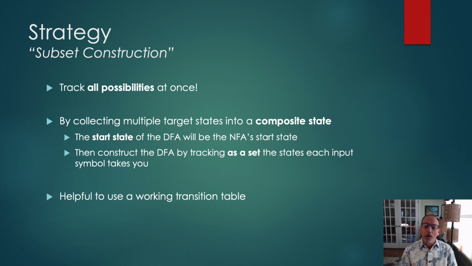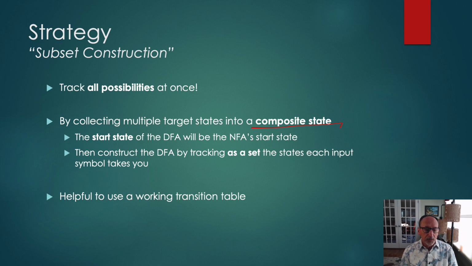That state will model the fact that it is representing 2 states from the original NFA. I like to call those composite states, whatever you want to call them, but that's why it's called subset construction: we will have a set of states that we have reached. Sometimes it'll be a singleton, sometimes it could be an empty set, but often it will be multiple states because of the non-determinism.